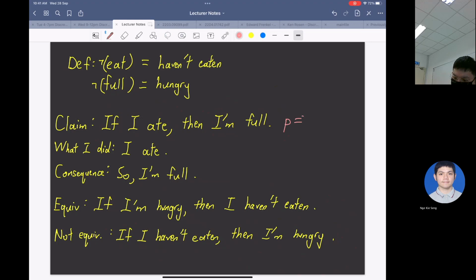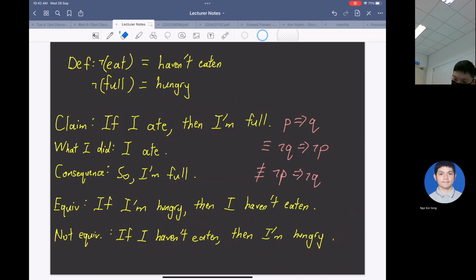What I want to say is P implies Q is logically equivalent to not Q implies not P. But it's not logically equivalent to not P implies not Q. I think the first time I was exposed to these logical equivalences, I kept giving myself a lot of examples to think about. Because sometimes in daily conversation with people, you think a statement means something, but actually it's not logic.